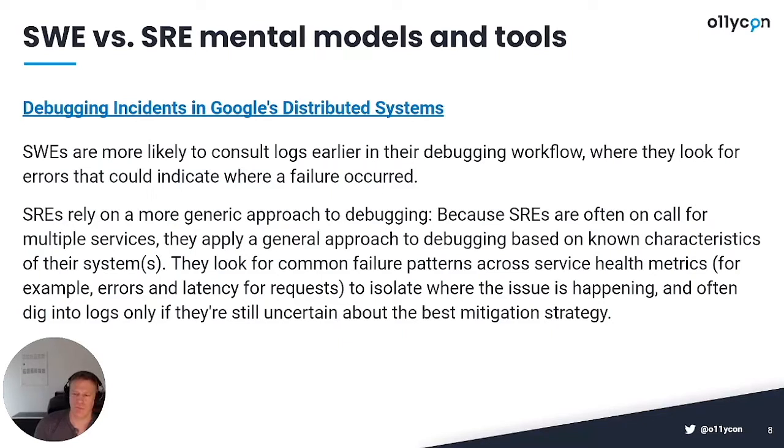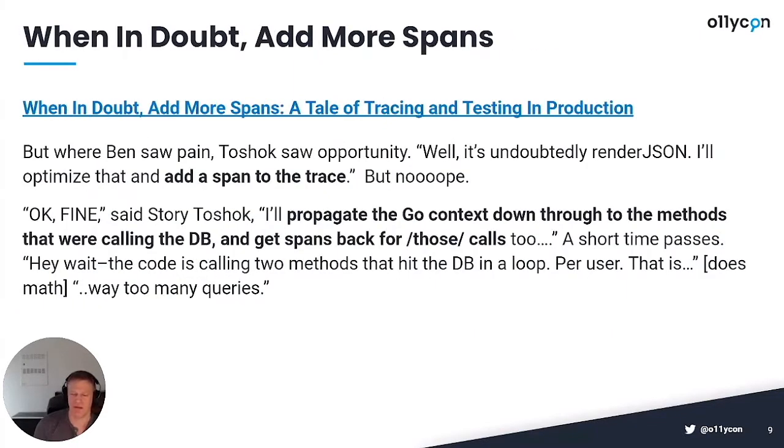So with that in mind, knowing that software engineers, when they're talking about debugging, are talking about something very different, we can see that the way that software engineers try to debug using distributed tracing is also different. Namely, when in doubt, software engineers, developers add more spans.